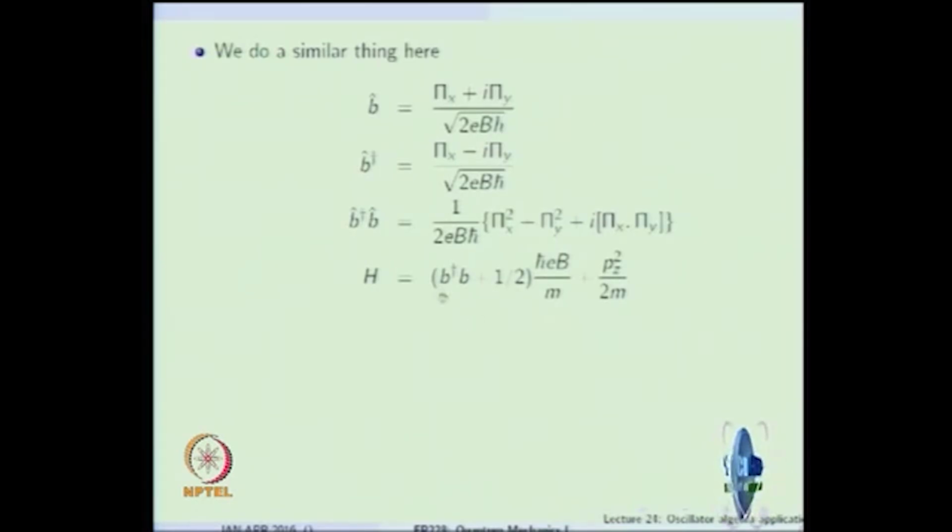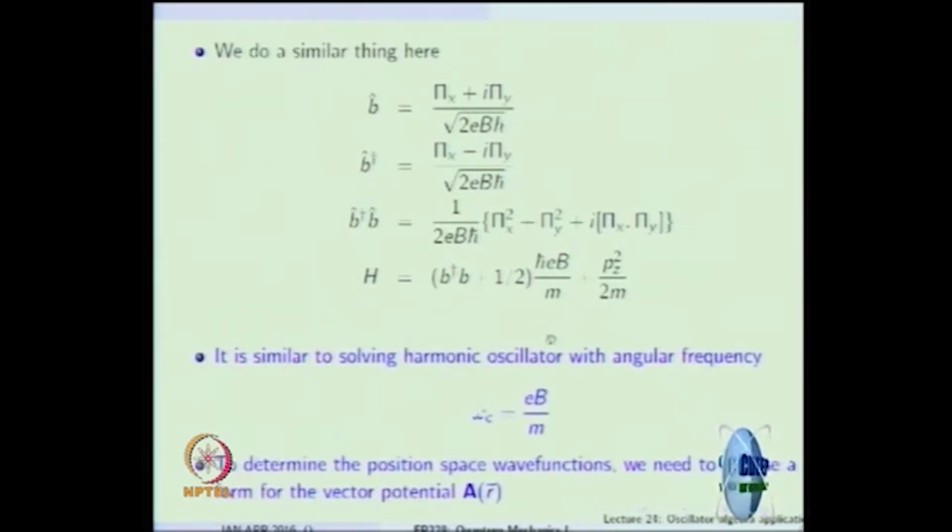The rewritten Hamiltonian is exactly similar to a harmonic oscillator, with B dagger B like the number operator, and the frequency omega is eB by m, which is your familiar cyclotron frequency. Once you have this Hamiltonian looking like a harmonic oscillator, you can read off the spectrum as n plus half ħ omega c, plus the free particle along the z direction, which is ħ squared k squared over 2m.